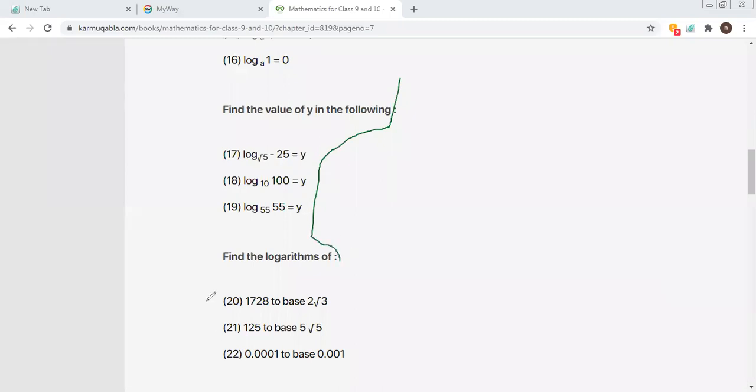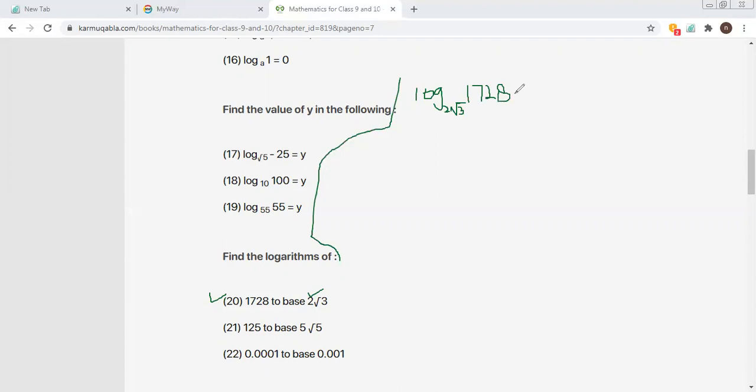Let log, and we will write the base in the subscript position like this, and the term 1728 we will write with it.